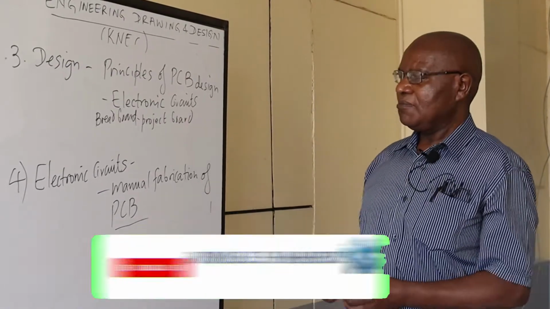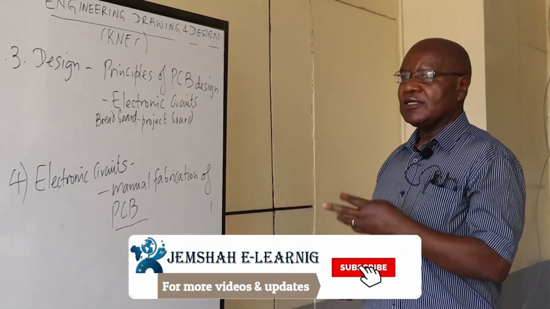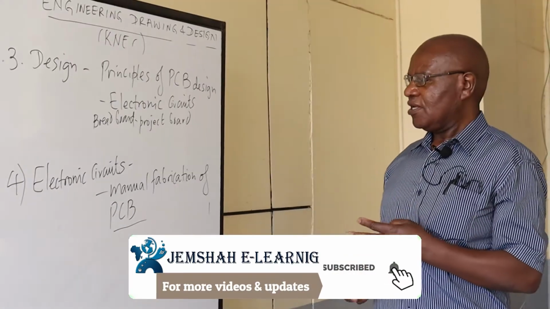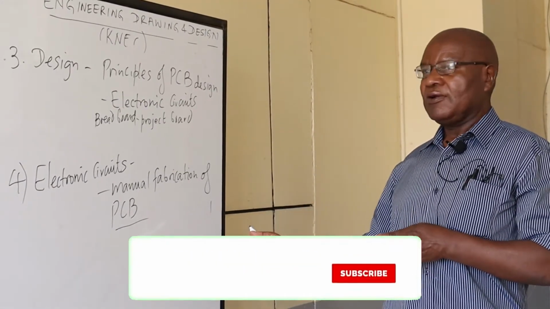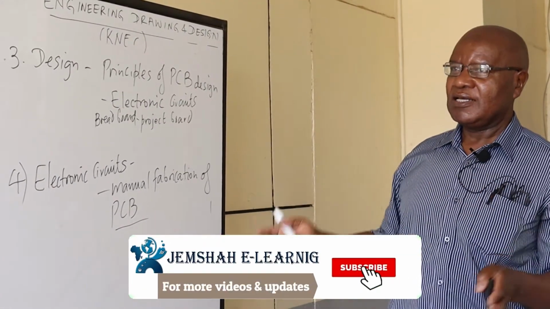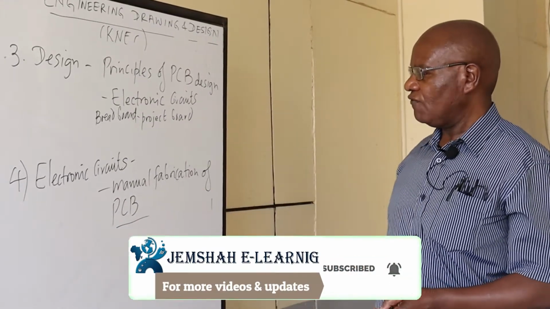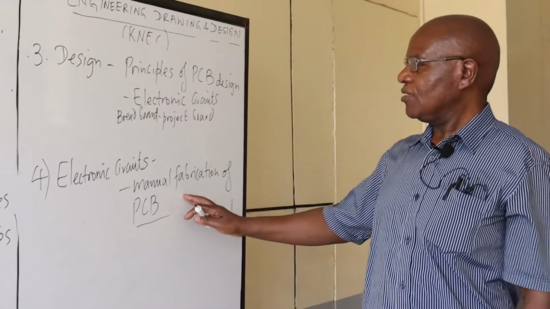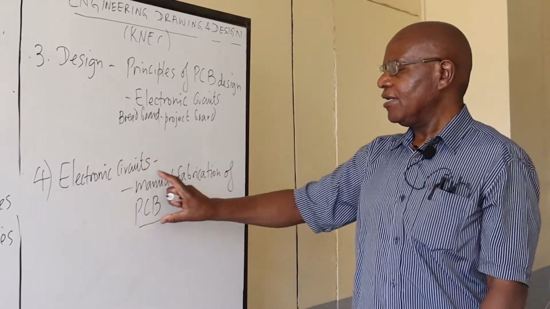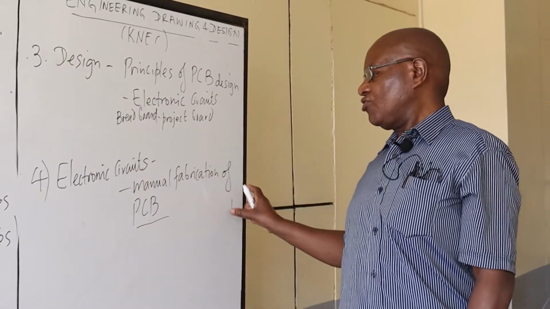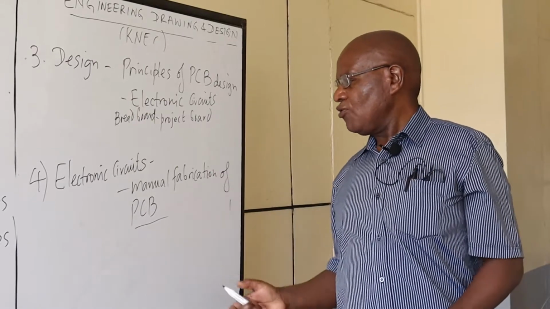Of course, we know the PCBs, they can be one-sided, double-sided, and nowadays you have got 3 sides. One copper clad on one side, the other side, and another one in the middle of the board. Manual fabrication of the PCB. Again, this one here, we shall pick on a circuit and assemble it. I think also you can come up with your own circuit.